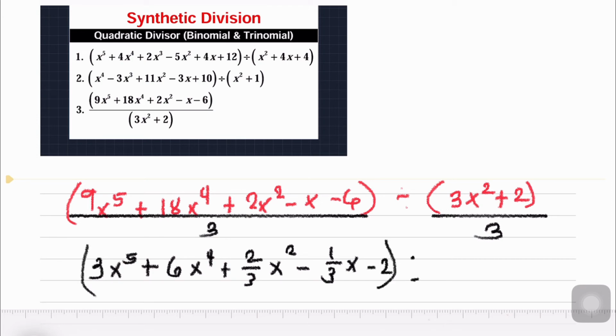Now, the divisor. 3 divided by 3 is 1. So, just x squared. 2 divided by 3 is 2/3.